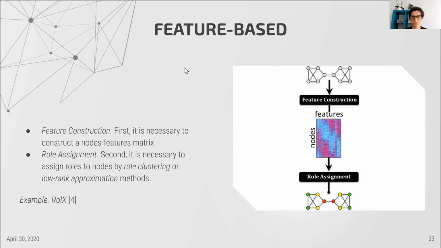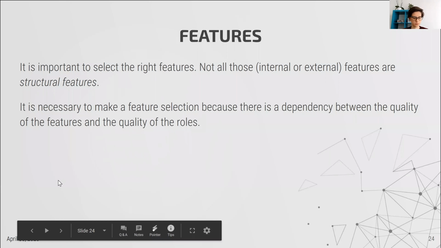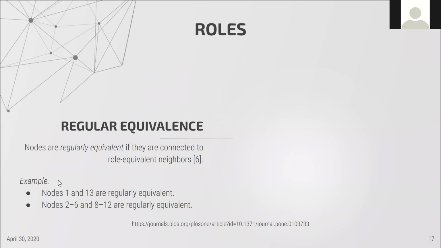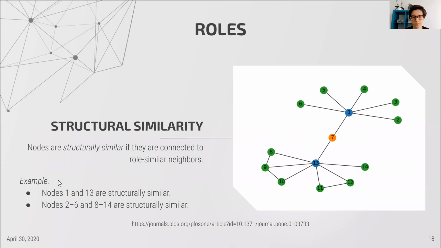Which one? Go back to the slides. Back. You had the star topology that you were explaining. This one? Let's say 1 and 13, they are role nodes, right? Yes.